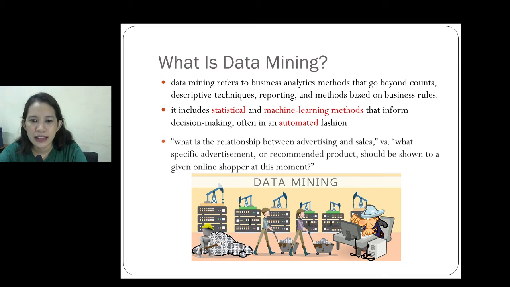Rather than asking what is the relationship between advertising and sales, we are interested in what specific advertisement or recommended product should be shown to a given online shopper at this moment. Or we might be interested in clustering customers into different personas that receive different marketing treatment, then assigning each new prospect to one of these personas.